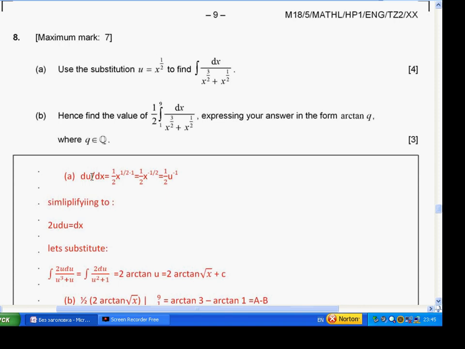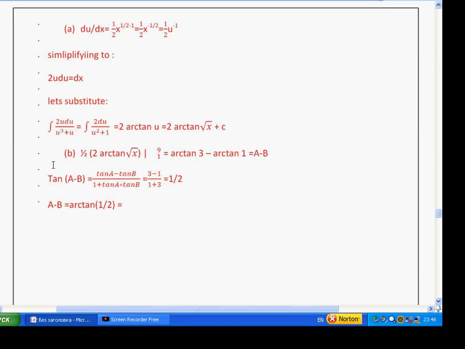On the left we get du dx, on the right we get 1 over 2 times x to the power 1 over 2 minus 1. Then instead of the square root of x, we substitute u. Simplifying, we get 2u du equals dx. So we substitute this expression for dx, and we get the following formula.